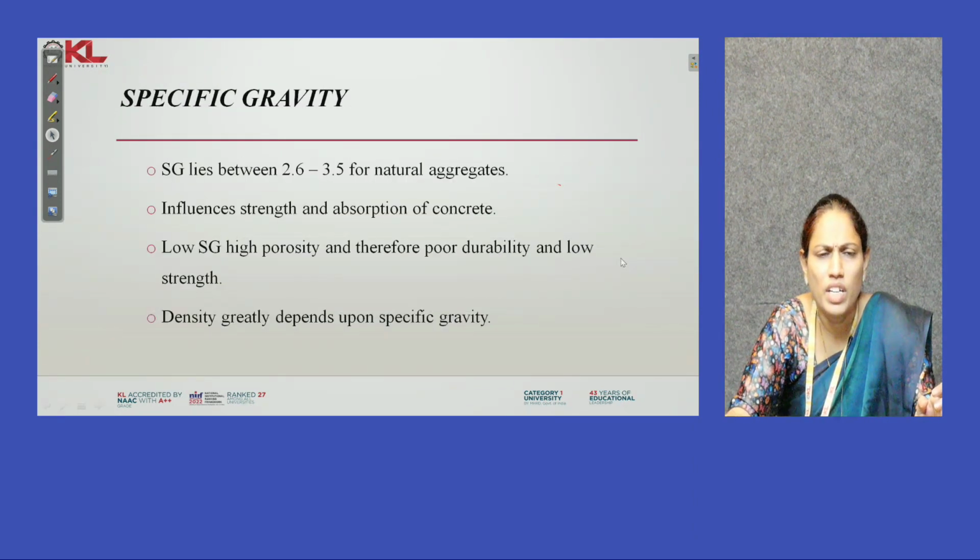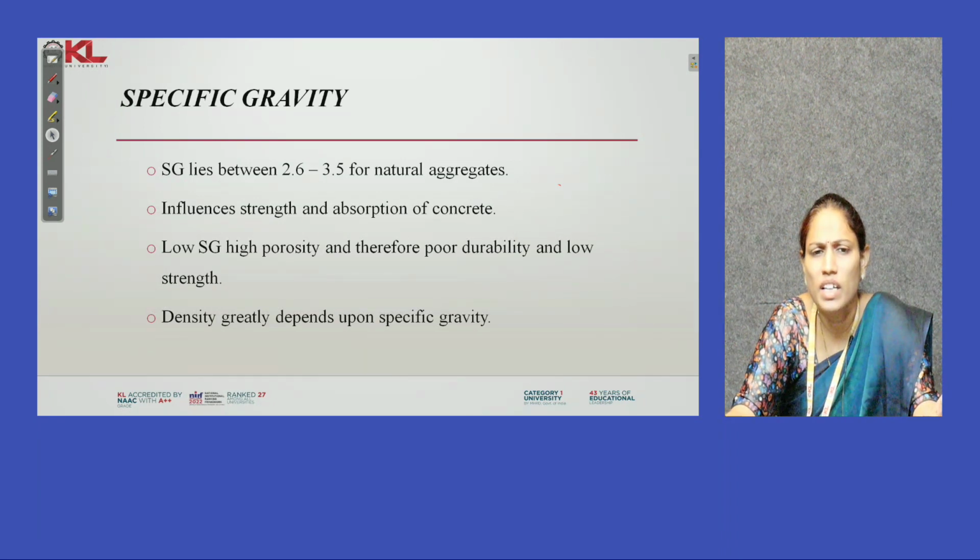Specific gravity lies between 2.6 and 3.5 for natural aggregates. Generally we take values in between 2.6 and 3.5; outside this range we consider the aggregate unfit for concrete. A lower specific gravity gives higher porosity, and therefore poor durability and low strength.